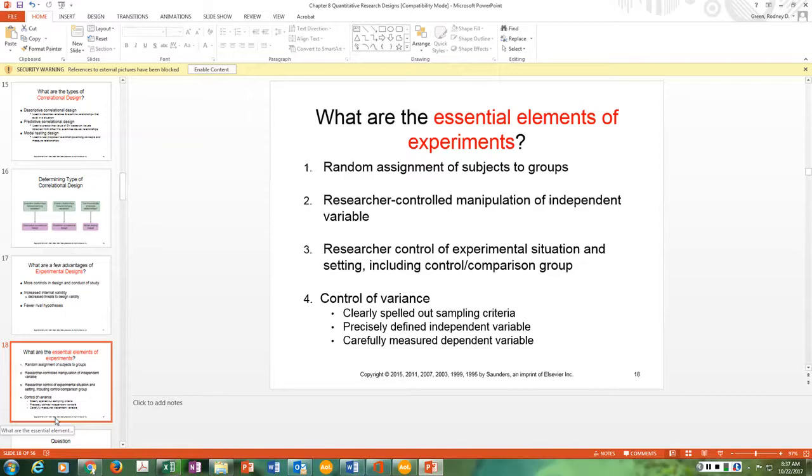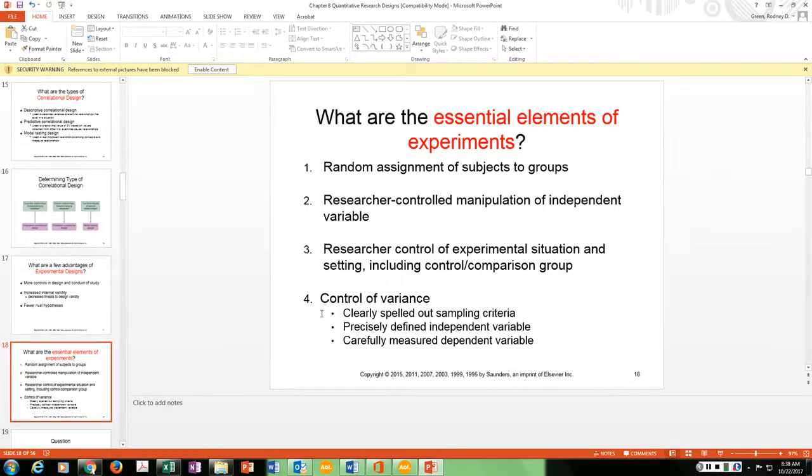The essential elements of experiments: random assignment of subjects to groups, researcher-controlled manipulation of the independent variable, researcher control of experimental situation and setting, including the control and comparison groups, and control of variance, how one group will vary in terms of the measurement of the variables.